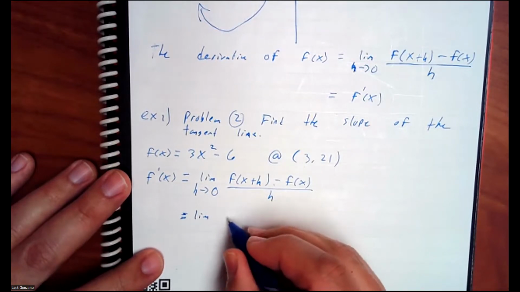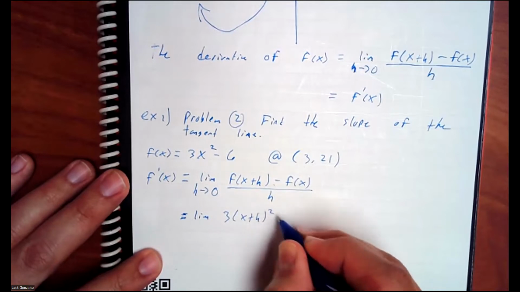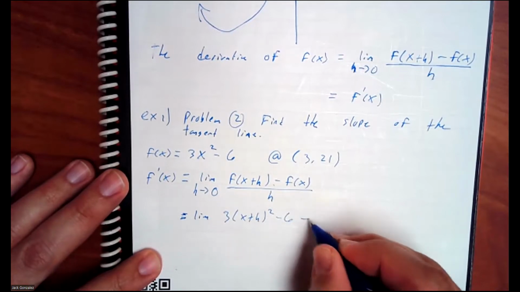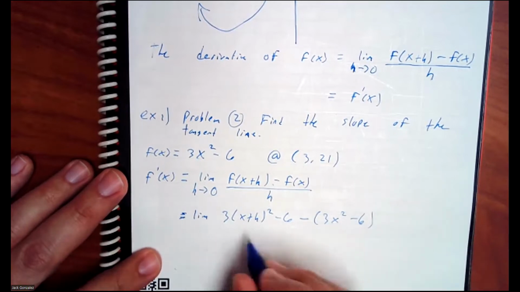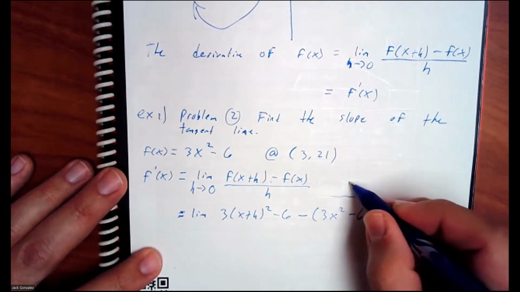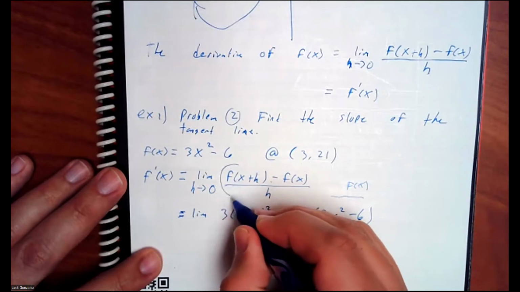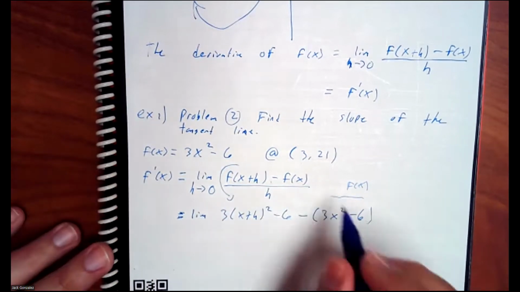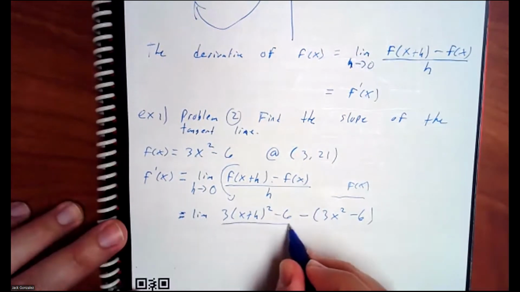So we'll get 3 times x plus h squared minus 6, minus 3x squared minus 6, all divided by h.